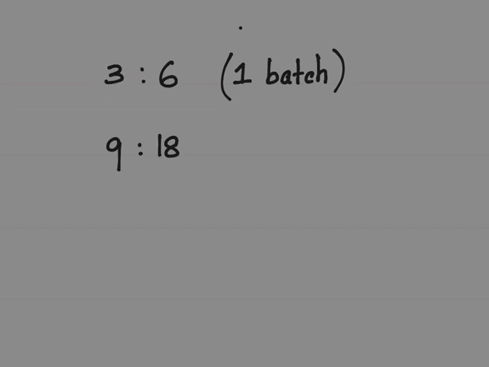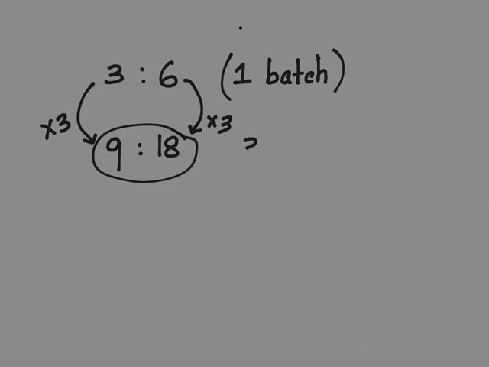So 3 times 3 is 9 and 6 times 3 is 18. So this ratio triples when compared to the first ratio. So this must be for 3 batches.